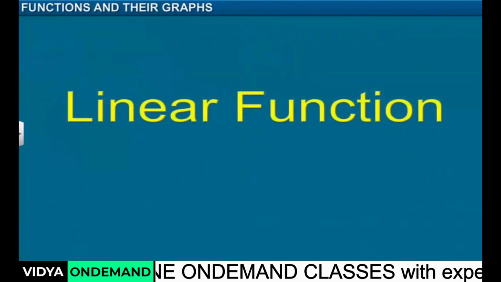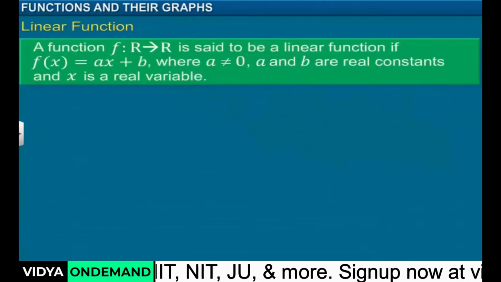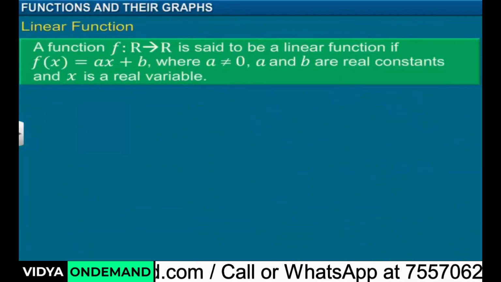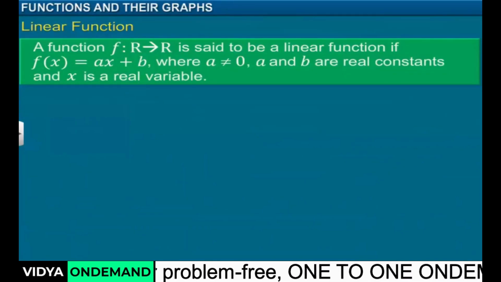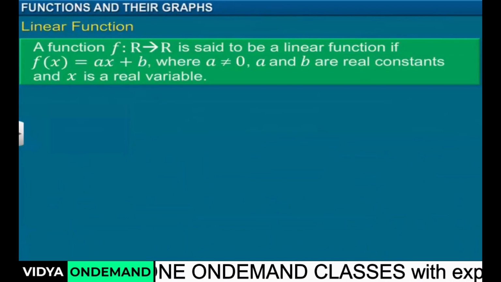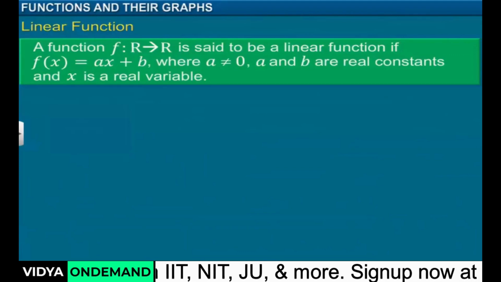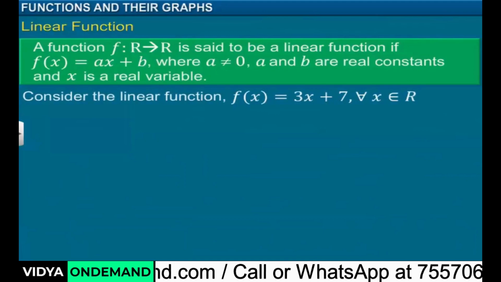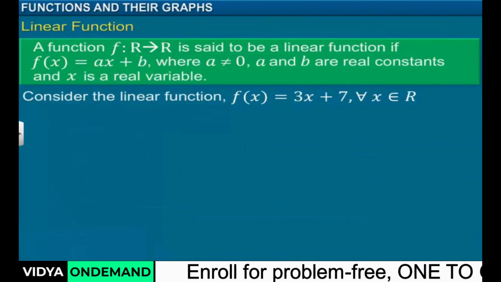Now, let's see how the graph of a linear function looks. A function f from R to R is said to be a linear function if f of x is equal to ax plus b, where a is not equal to 0, a and b are real constants, and x is a real variable. Consider the linear function f of x is equal to 3x plus 7 for all x belonging to the set of real numbers.